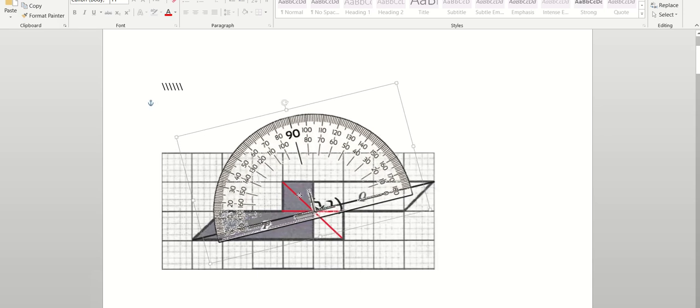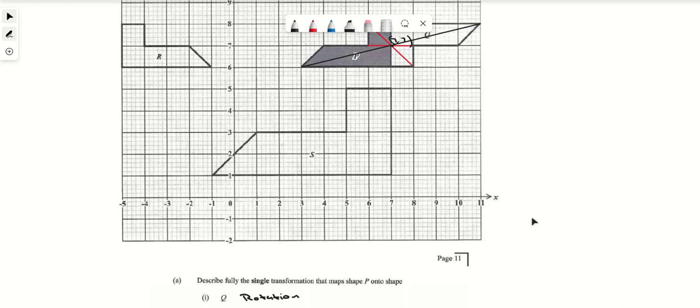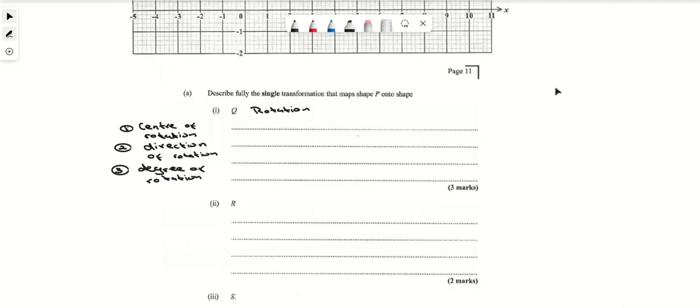We want to know the degrees. If we look at it, this is 180 degrees. So it is safe to say that the turn from P to Q is a turn of 180 degrees. If an image is turned 180 degrees, the direction does not matter. Either clockwise or anti-clockwise, it will be the same.